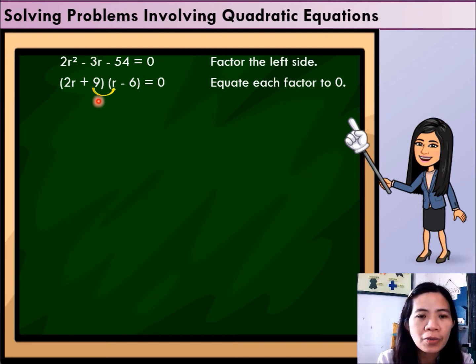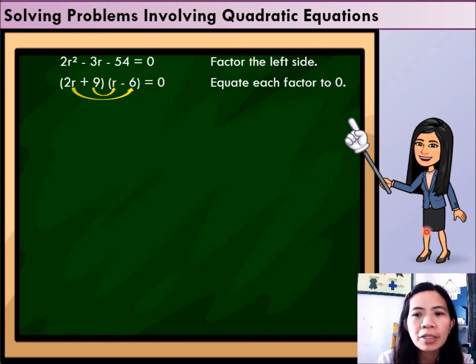When we check the middle term, it is the outer term times the inner term. So 9 times r is 9r, and 2r times negative 6 is negative 12r. Negative 12r plus 9r gives us negative 3r. So these factors are correct.